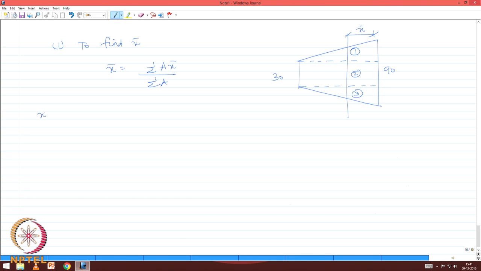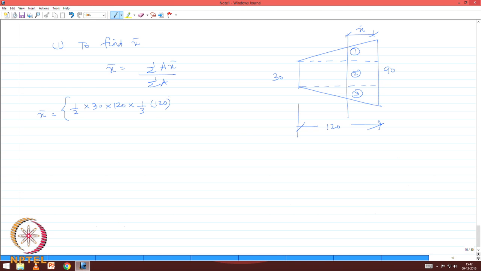So, x bar will be now equal to half base height, because this height is 120, into 1/3 of 120, that is my x bar of the piece number 1.